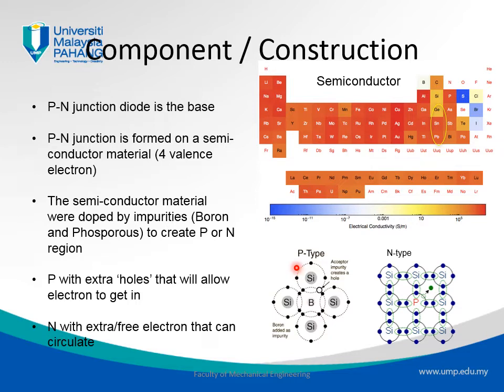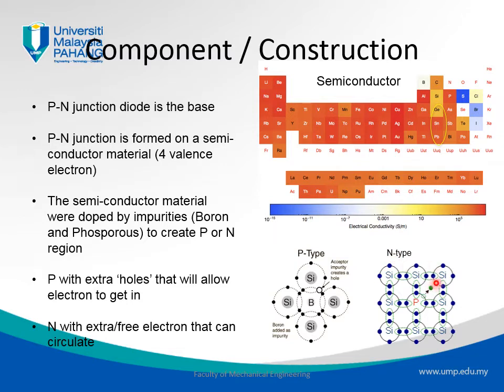On the other hand, when we inject phosphorus, phosphorus has 5 valence electrons. When we inject it, we create a free electron that can move around, right? That can be transferred across the material. So when we have an extra, free moving electron, that's what we call N-type.